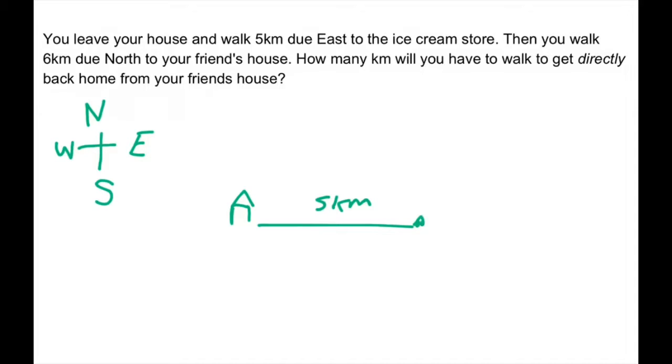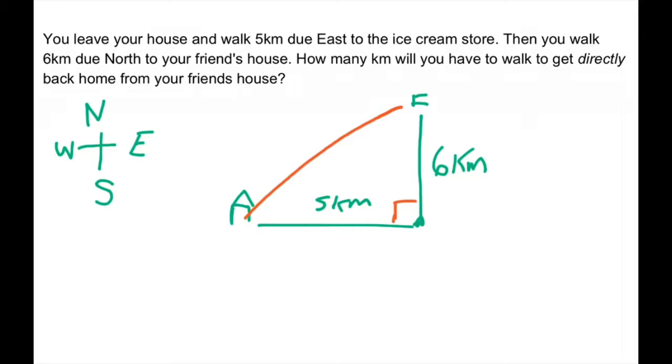From the ice cream store, you walk 6 kilometers north to your friend's house. So this is your friend's house. Okay, I'm going to make an F for friend's house. It's asking you how many kilometers will you have to walk to get directly back from your friend's house to your house, okay? And once again, this has created a right-angled triangle.